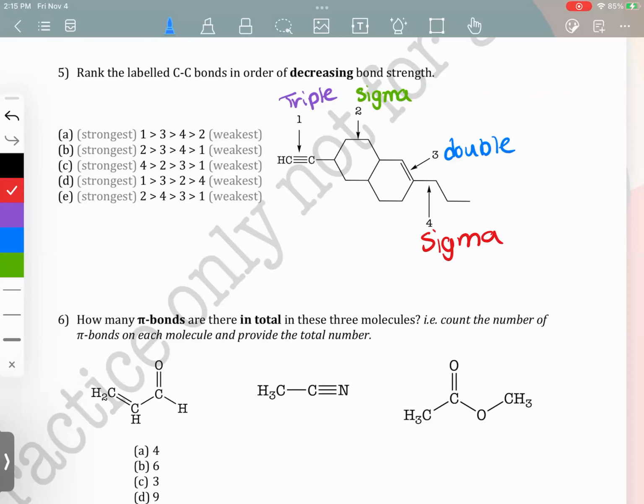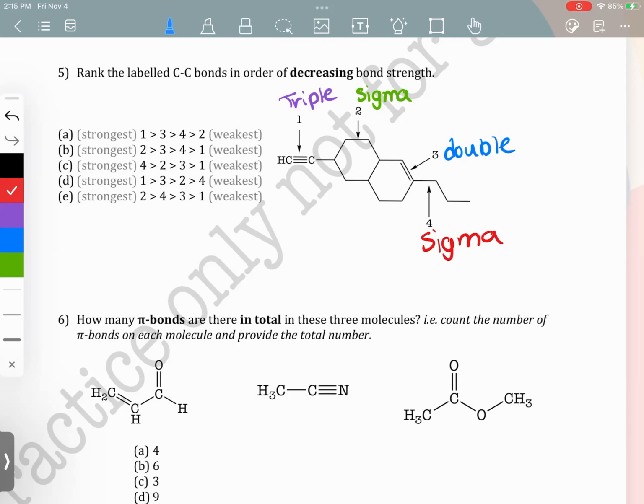So which one of these bonds do you know for a fact is the strongest? Probably 1, because it's a triple one. Yeah, triple bonds are definitely the strongest bonds.